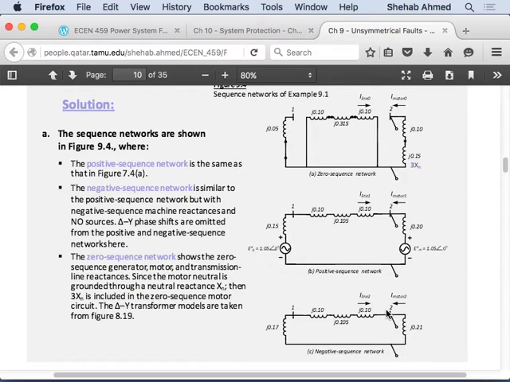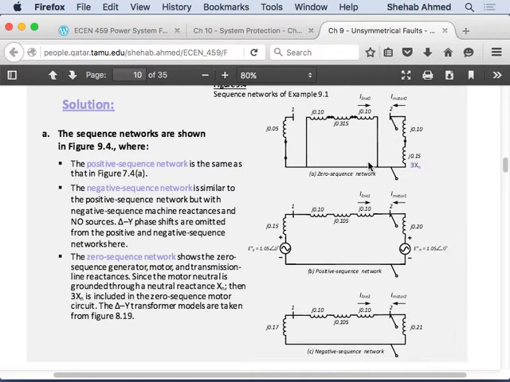You will be able to calculate I0, I1, and I2 from the connection circuits that we came up with. This I0, the zero sequence fault current at bus 2, is going to be flowing in the zero sequence circuit between bus 2 and ground, right? Do we agree or no? No?